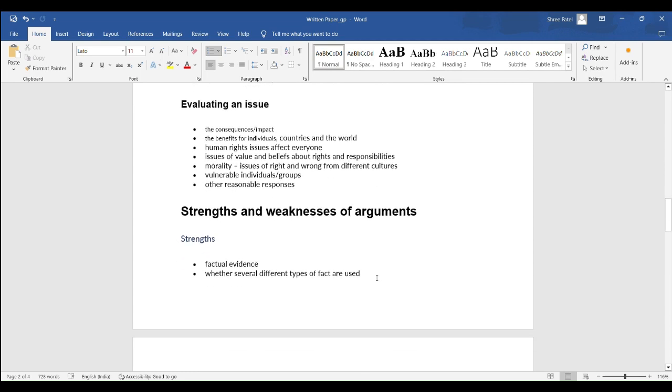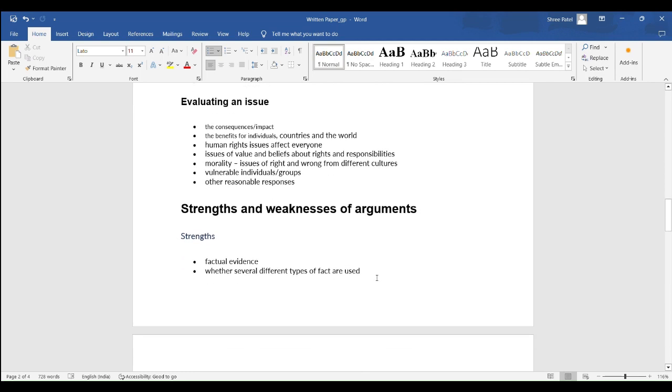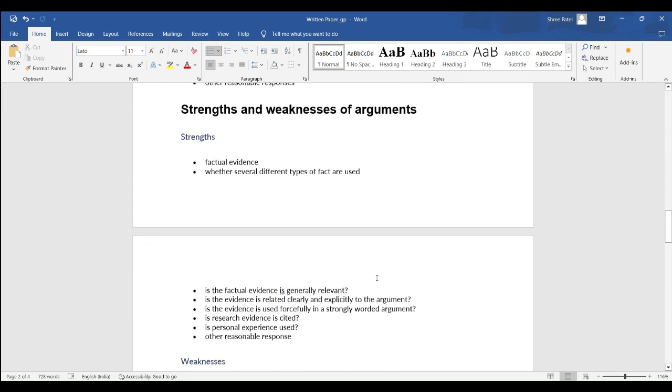Moving further, this is about the strengths and weaknesses of the argument. There will be a lot of questions from candidates about this, because when this question appears, many people tend to write in bullet points.